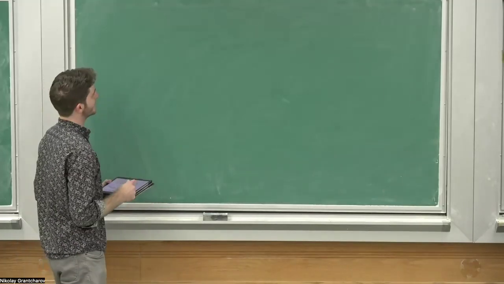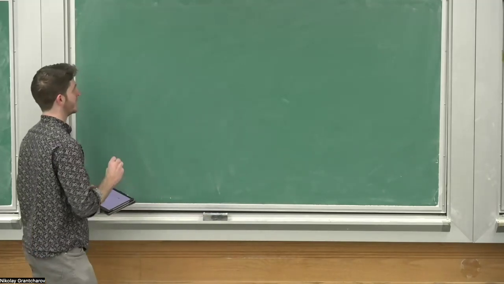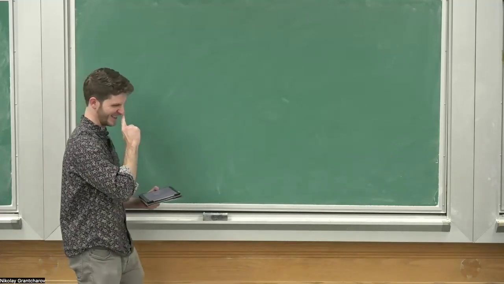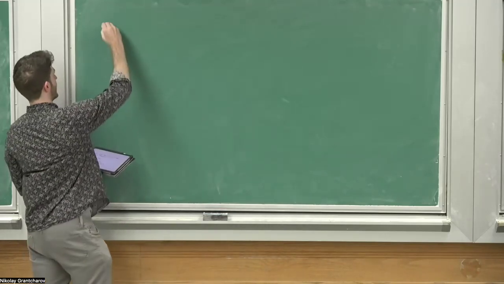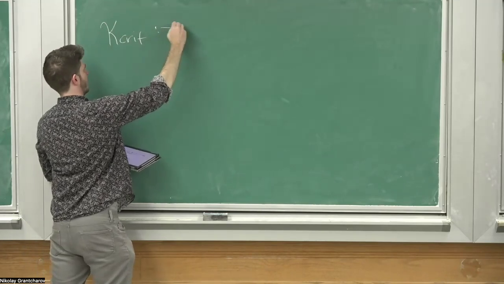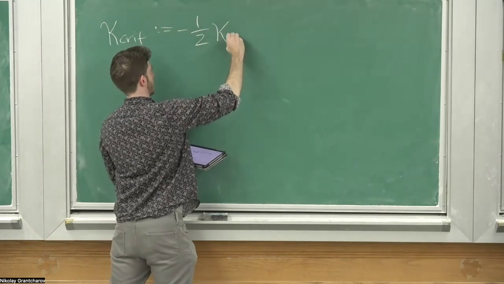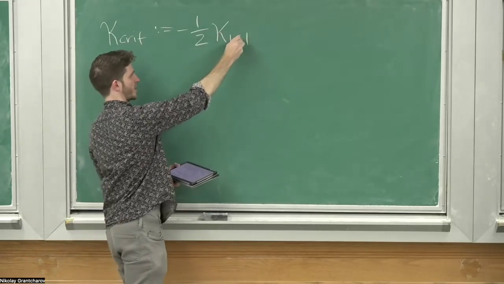All right. So I'm going to talk about this Kac-Moody vertex algebra where there's a dependence on a level, which was an invariant bilinear form on the Lie algebra. And there's a very special level called the critical level, which is -1/2 times the Killing form, a distinguished canonical level.